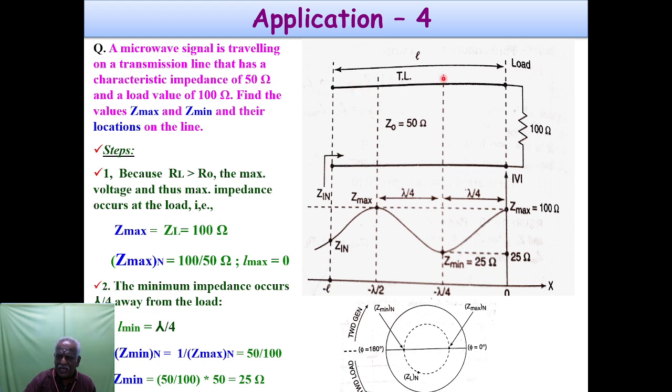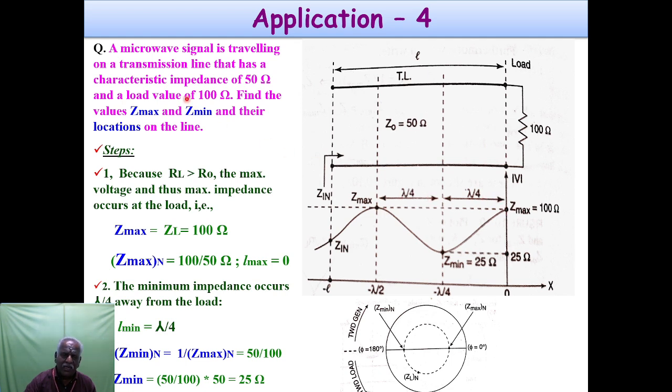The transmission line length is marked as L. The characteristic impedance of the line is 50 ohms. The distance between any two successive minima is lambda by 2. The distance between one minimum and the subsequent maximum is lambda by 4.